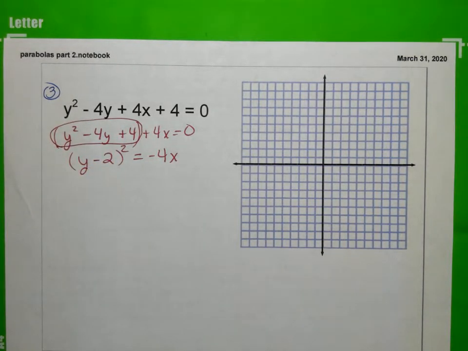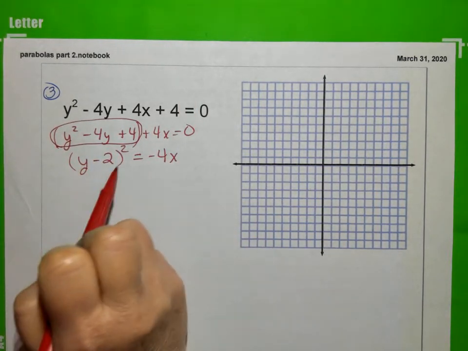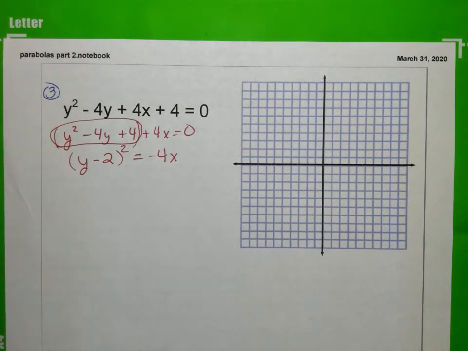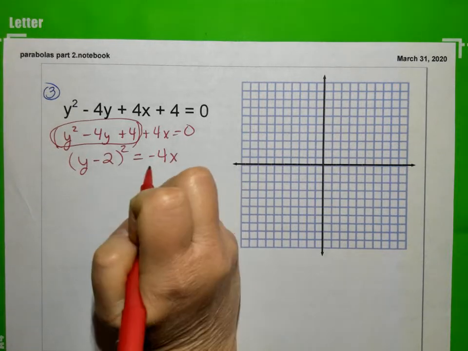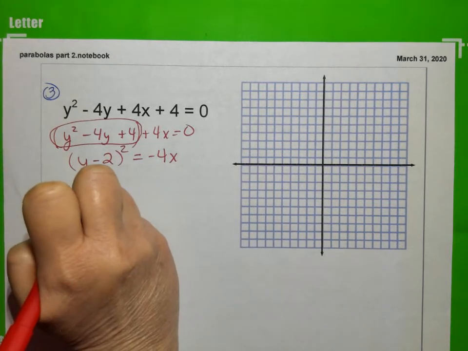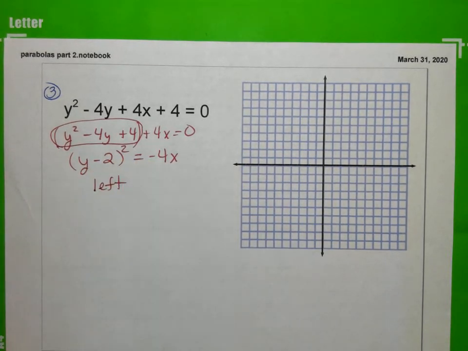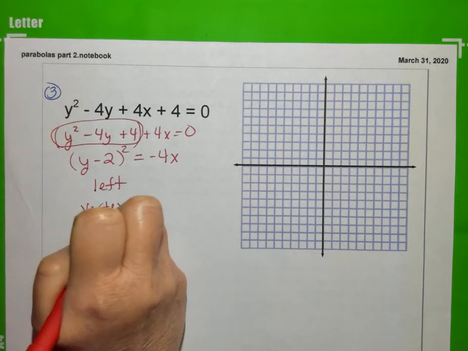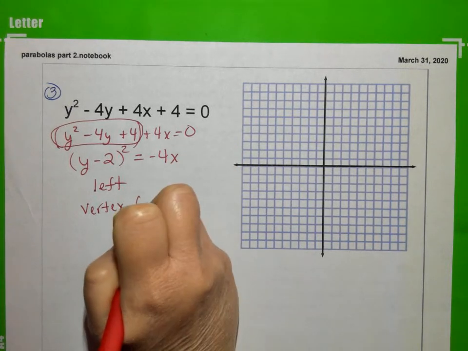By doing so, I was able to factor it, and that left me this 4x, which I just moved to the other side. So now I have y squared, and I have a negative number on the right side, so this one opens left. I find my vertex. What am I subtracting from x?